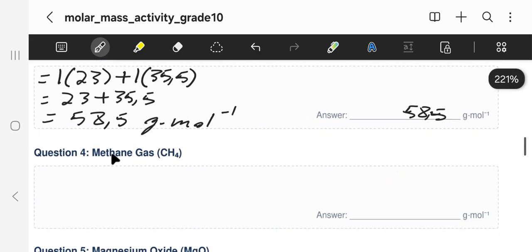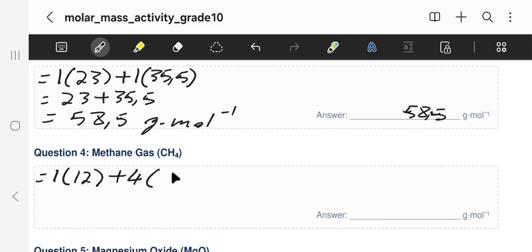Let's calculate the molecular mass of methane gas. Methane gas is CH4. How many carbons do I have? I have one carbon, and I multiply by the mass of carbon, which is 12, plus how many hydrogens do I have? The number at the bottom is 4, multiply by the mass of hydrogen, which is 1.